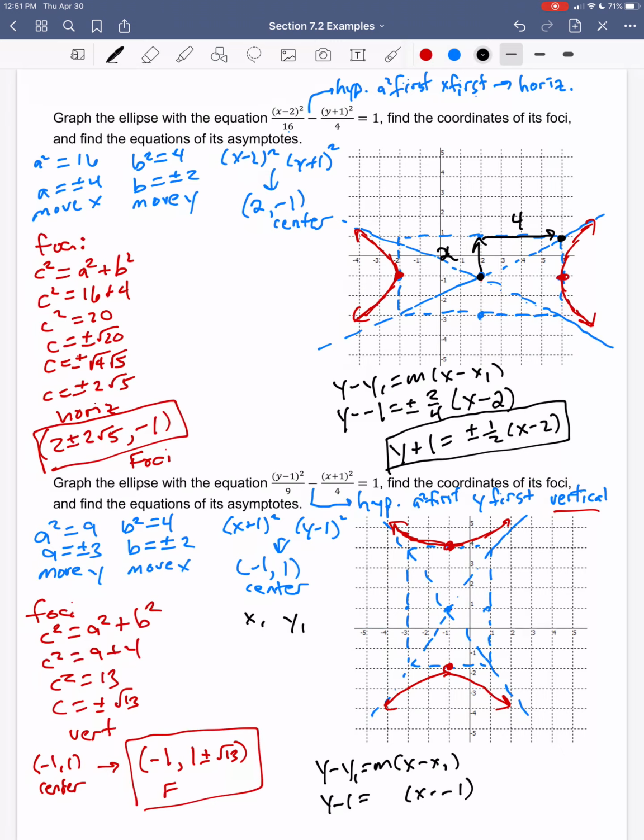And for the slope, I just imagine going to the center and one of the corners, and I'm moving up 3 and over 2. So the slope, change in y over change in x, 3 over 2. But there's 2, one with positive and one with negative, so plus or minus 3 over 2. And I probably would want to simplify the x parentheses there and make it x plus 1.